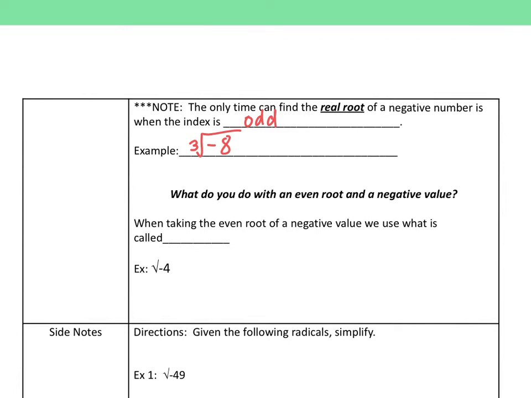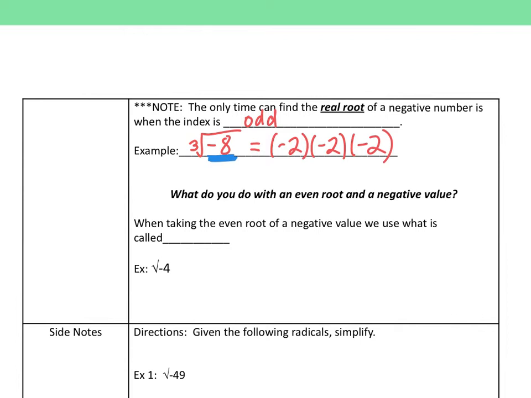So basically, -2 times -2 times -2 equals what? -8. Okay, so that's why this one works, because there are 3 numbers that multiply to give me that radicand.